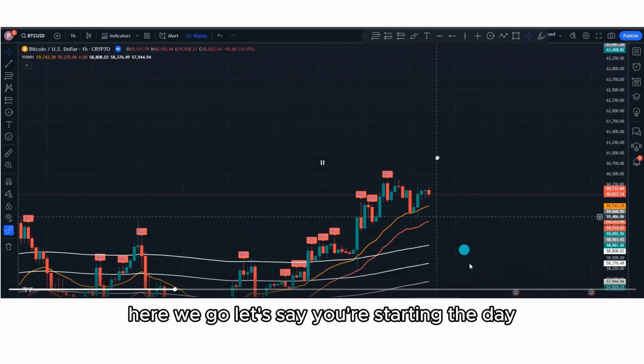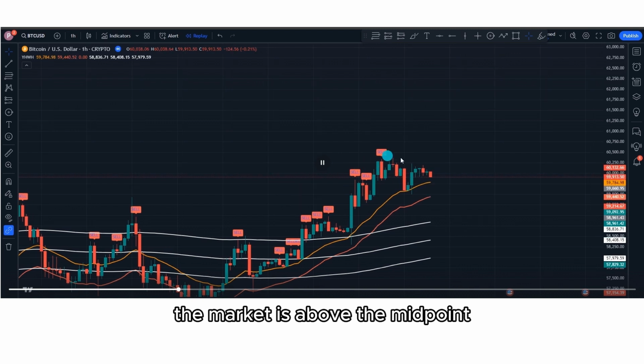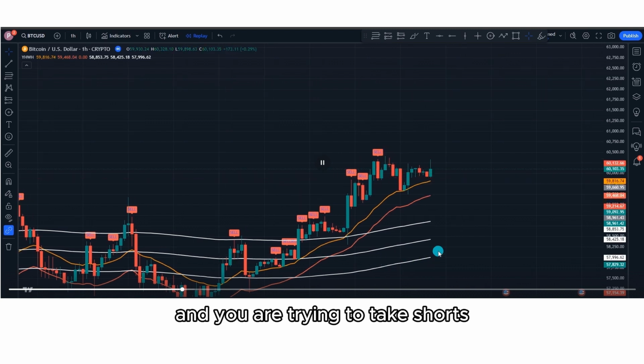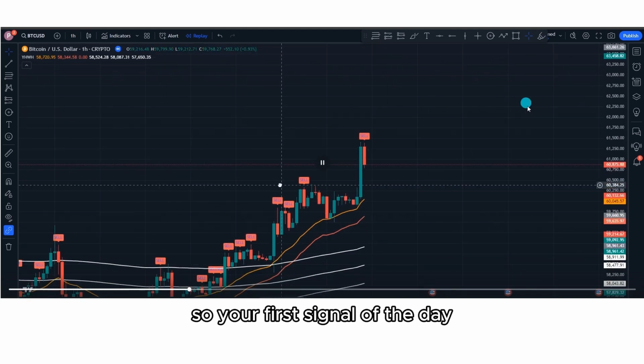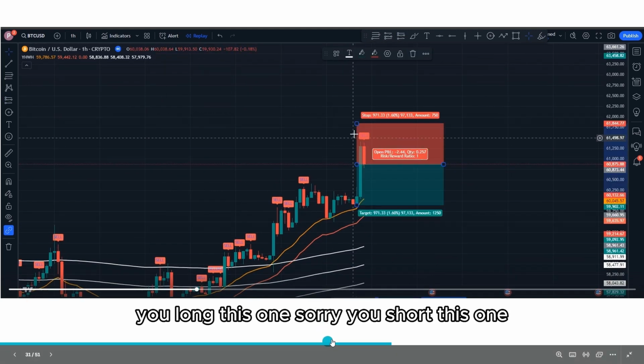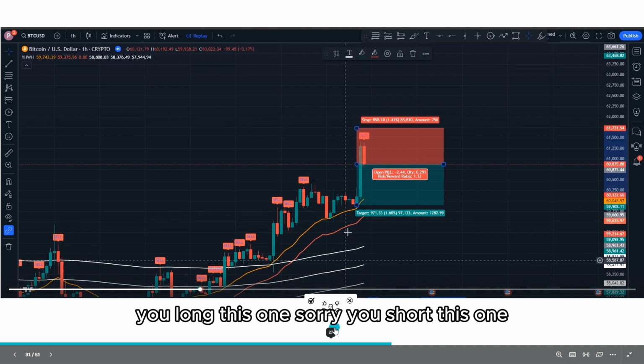Here we go. Let's say you're starting the day, the market is above the midpoint and you are trying to take shorts. Your first signal of the day, you long this one, you short this one.